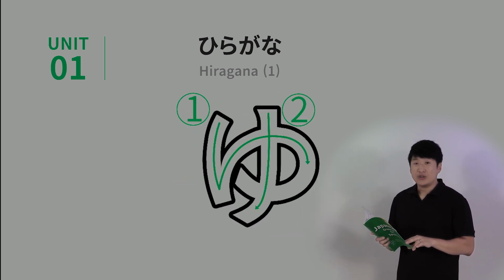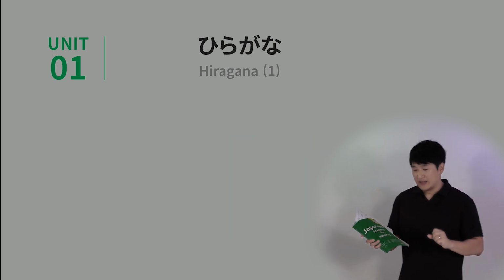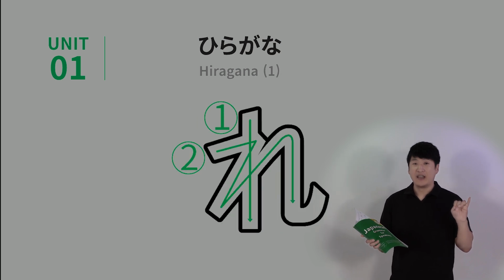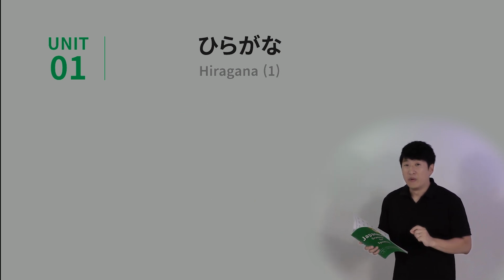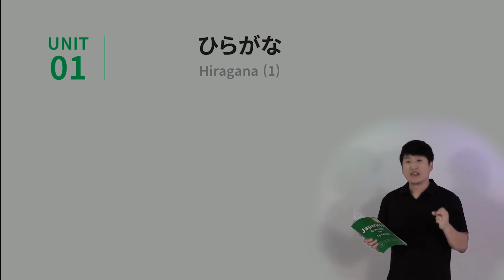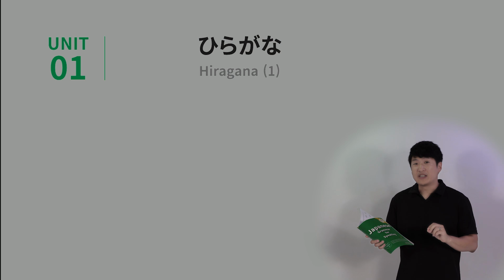Ya, Yu, Yo. And here's the thing, there's the R line: Ra, Ri, Ru, Re, Ro. When foreigners study Japanese, you could make some mistakes pronouncing this line. That's because you studied this with the English R sound, which Japanese doesn't have.